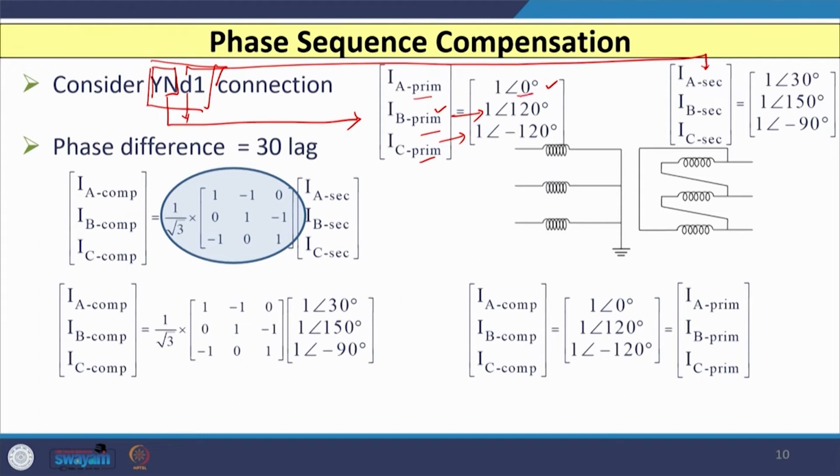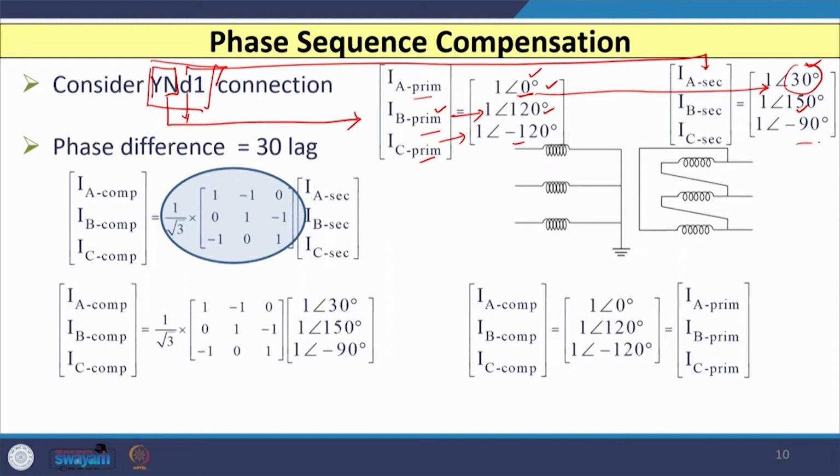So, compared to this, you can see that here the phase shift is 30 degrees. This will start at 0 degree, whereas this will start after 30 degrees. Same way for B phase, on the primary side it will start at 120 degrees, where this will start at 120 plus 30, so that is 150 degrees, and the same is the case with the C phase.